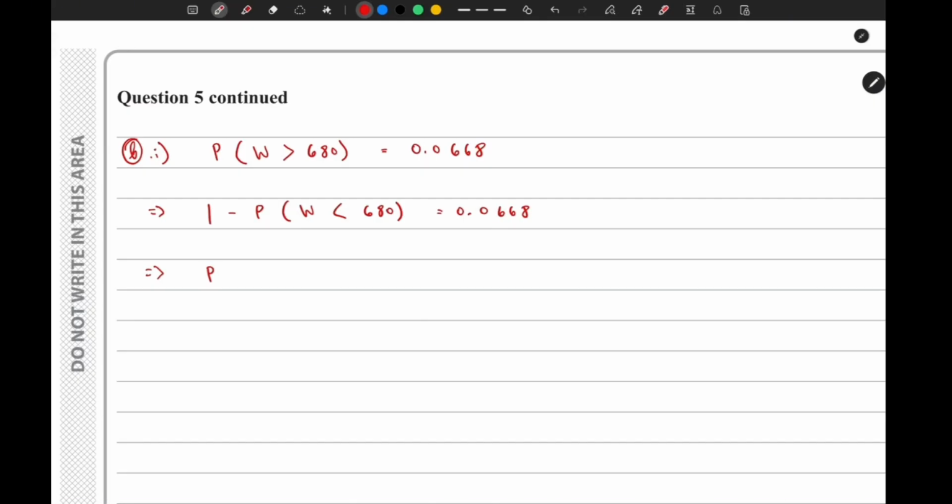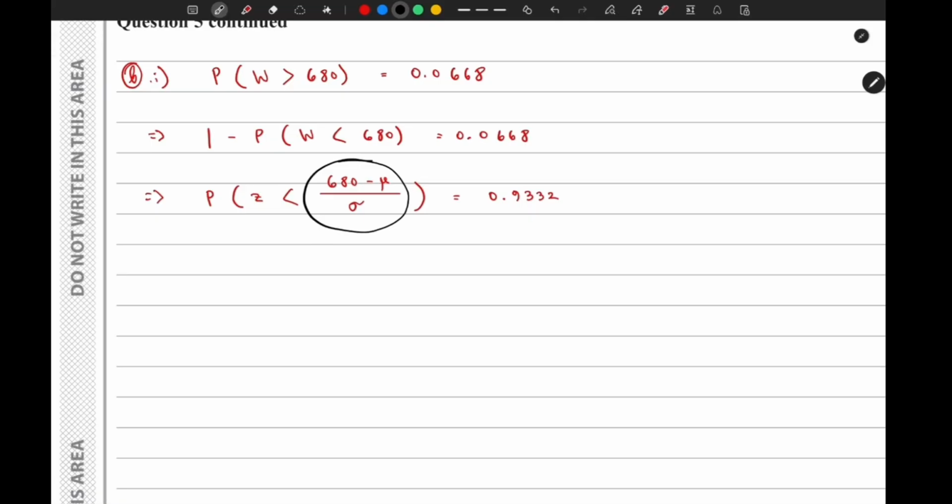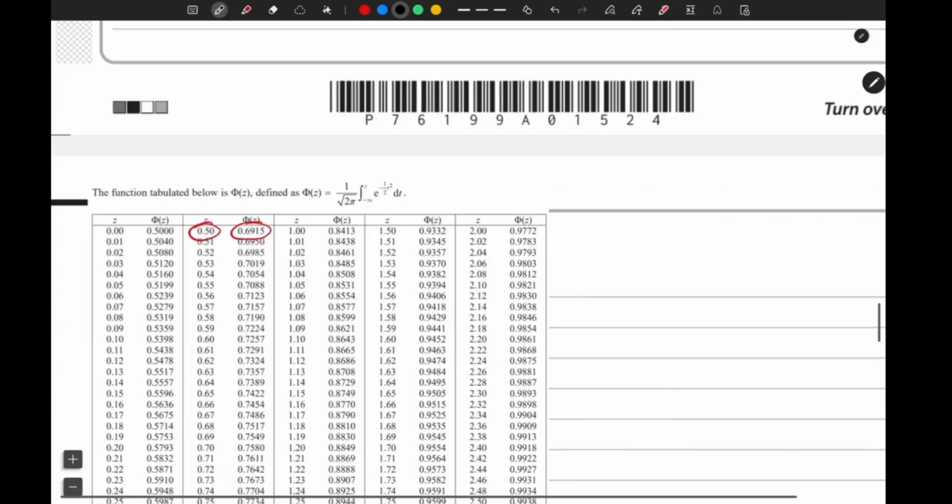Now if we make this the subject, we need to convert this W into Z. So this will be Z is less than (680 minus mean) divided by standard deviation, equals 1 minus 0.0668, which equals 0.9332.